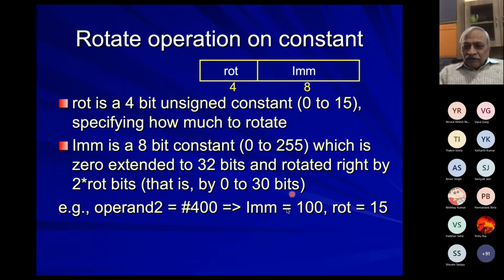But if you put 100 in the immediate field and say rotate right by 15, that means rotate right by 30 positions, what will happen? It is equivalent to left rotation by 2 positions or multiplication by 4. So you can specify 400, although it is a bigger constant. So is that clear?